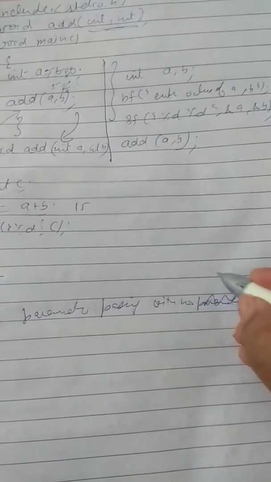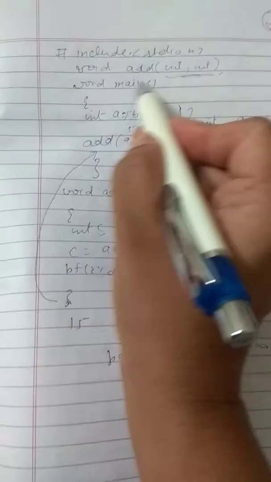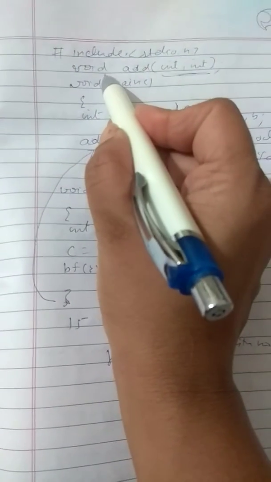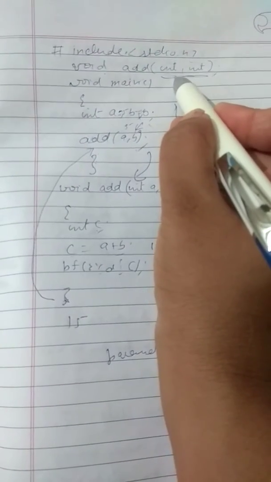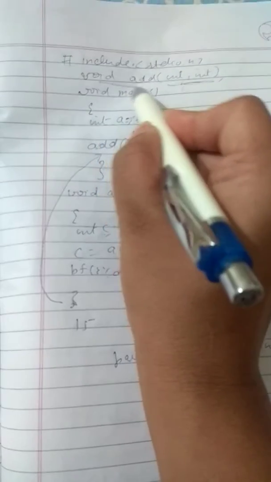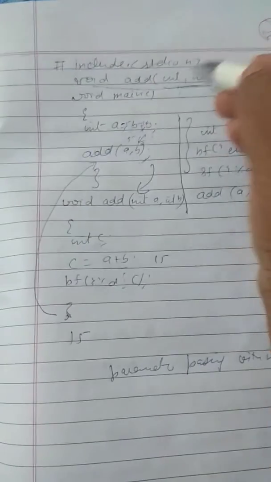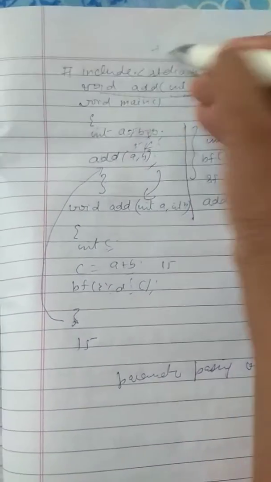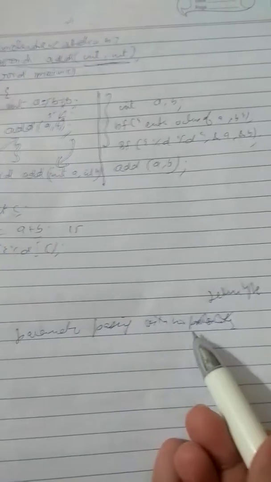Sorry, here parameter, and here no return type. No return type meaning is what? Void. If a function has the data type void and has parameters with it, this kind of representation of a function is called what? Parameter passing with no return type. Make a note of it.